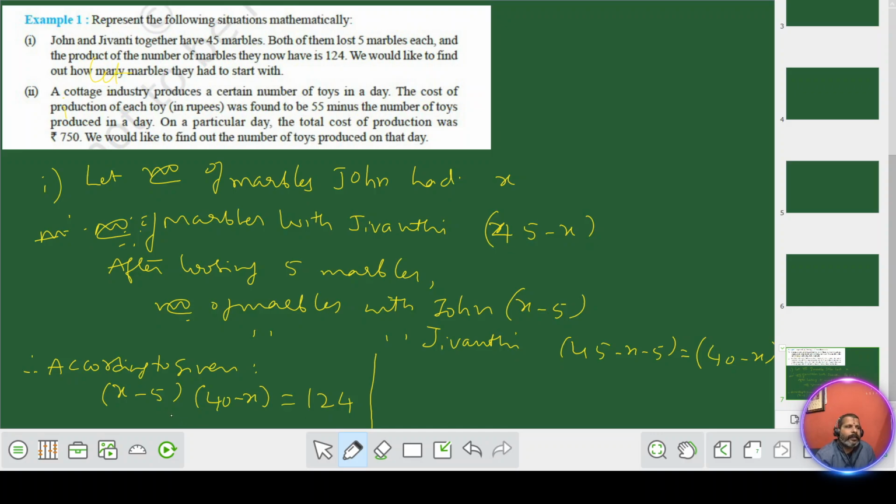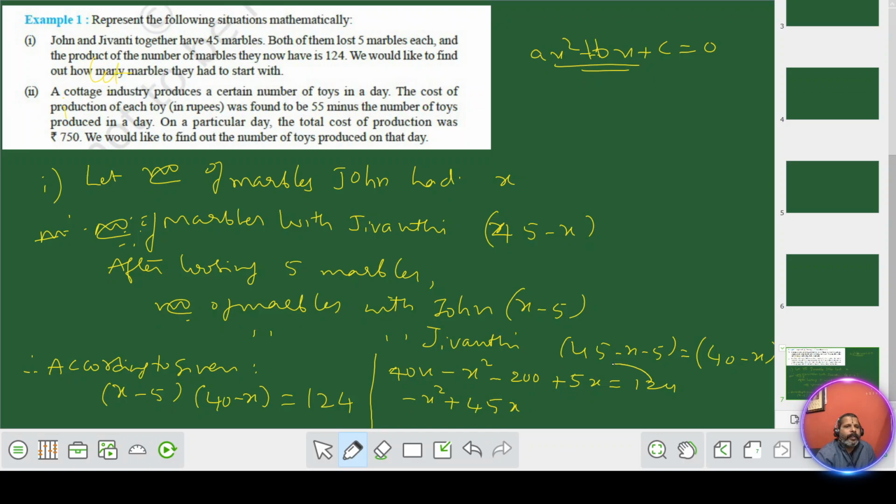This is according to the given, but it is not in a quadratic equation form. How can we identify ax squared plus bx plus c, right? This form we should be seeing here. So just open the brackets and understand: x into 40, 40x, x into x minus x square, minus 5 into 40 minus 200, minus into minus plus 5x is equal to 124. So minus x square, 40x plus 5x, 45x.